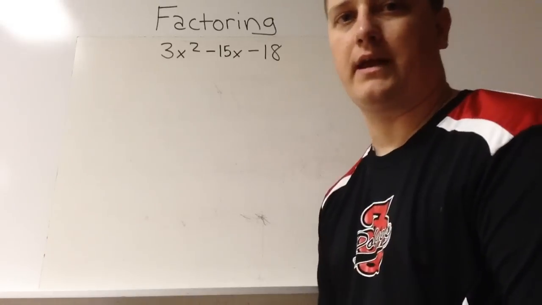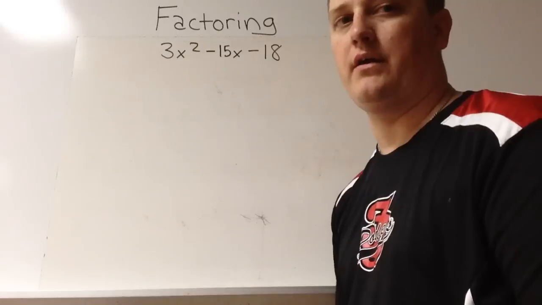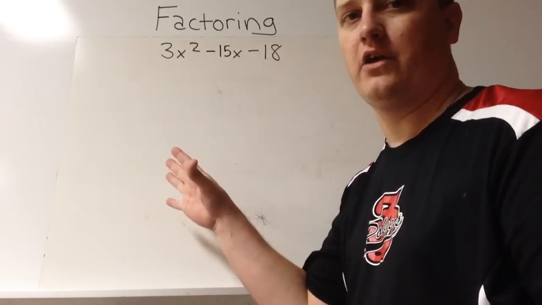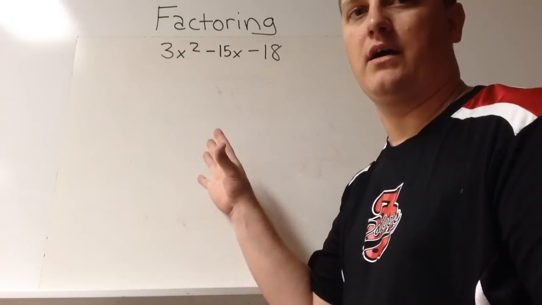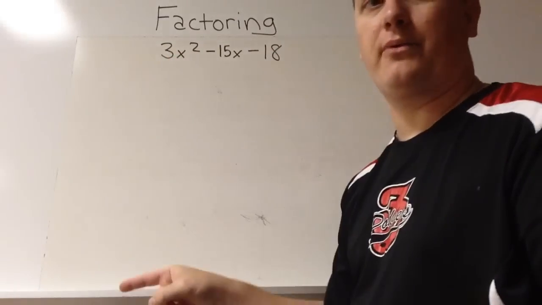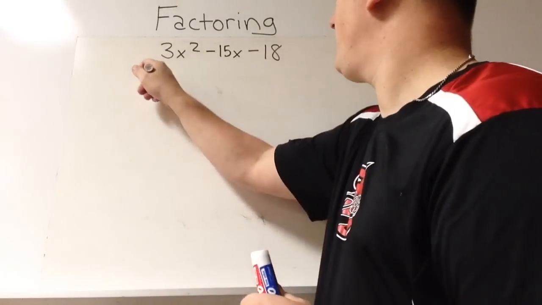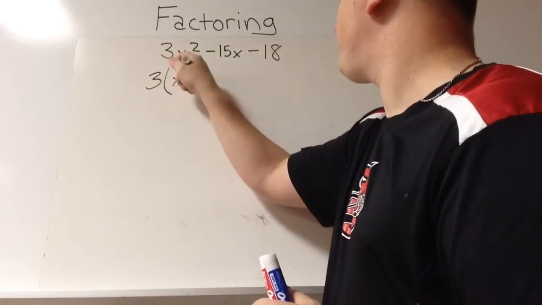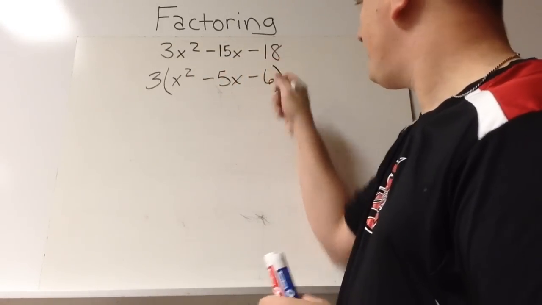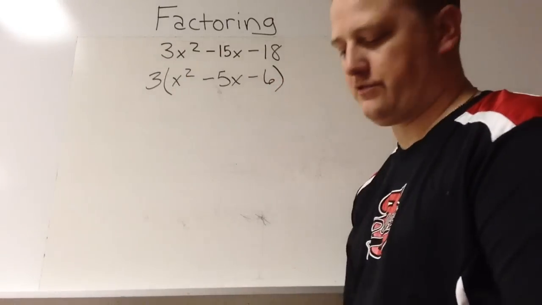The last one can be kind of a challenge. What we've got here is we have an a value that's not 1. Whereas in the past it's been 1. So the best thing to do here is to see if we can pull that a value out. So if all these numbers are divisible by 3, we can make this a lot simpler, which these are. Notice 3 times each of these gives us back to the start.